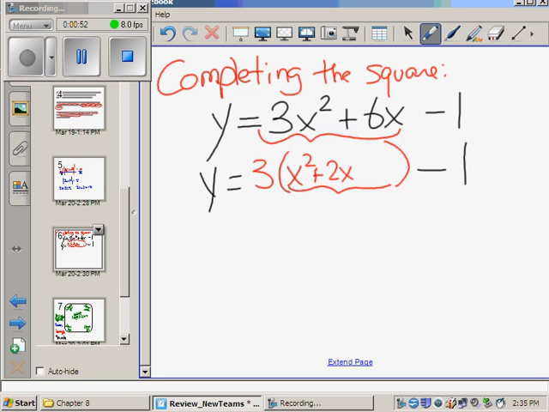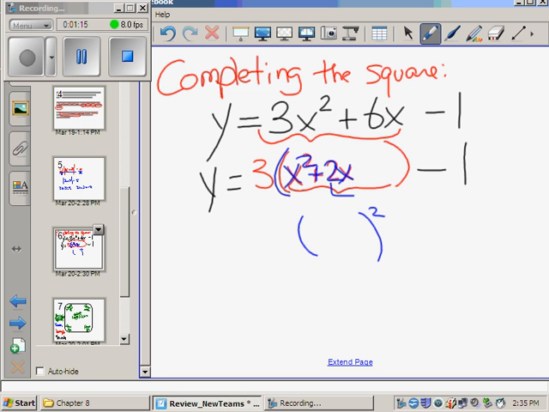And now I'm trying to make this stuff in here a perfect square trinomial. So what number would I technically have to add to that to make it a perfect square trinomial? Perfect square trinomial means I want to write it as something squared.